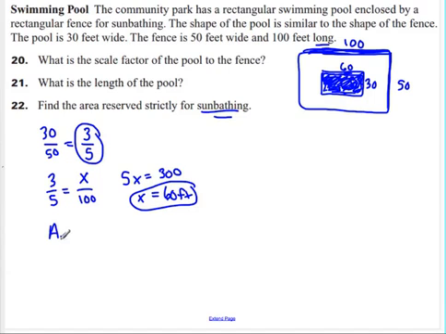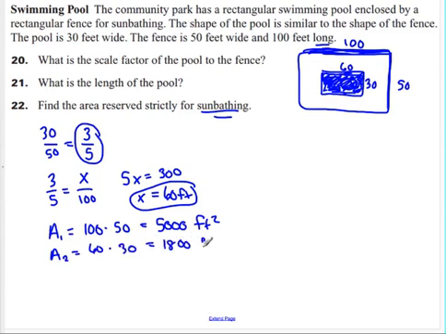Area of the fenced-in area will just be 100 times 50, or that'll be 5,000 square feet. The area of the pool would then be 60 times 30, which equals 1,800 square feet. We'll subtract these two numbers to get the remaining area, which should be 3,200 square feet.